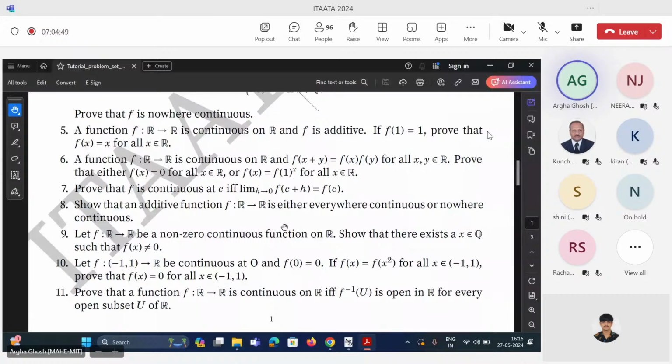For example, if f of 1 is 1, like the last example, then you will only get f of x equals 1, a constant function. Otherwise, you will get f of 1 to the power x, so some a to the power x form. I give you 5 minutes. Try to solve it. Then I will see.